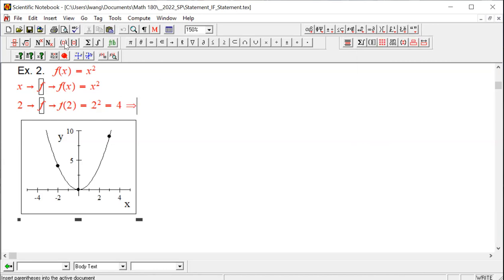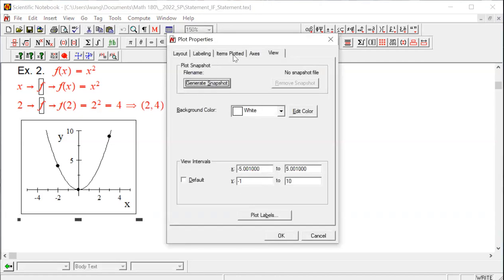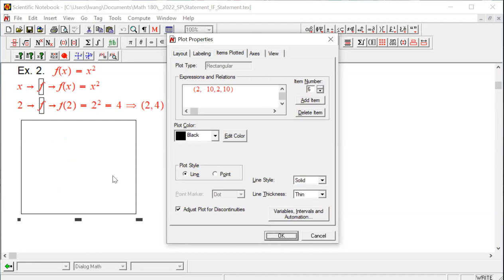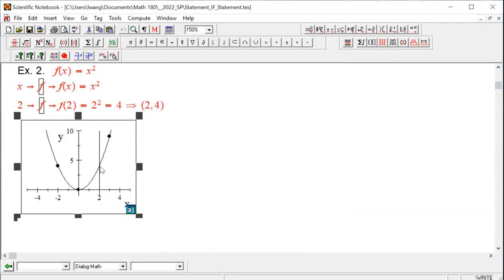And that will give us the point (2, 4). How do we get that point? We first draw the vertical line, because 2 as the input is given. And there's a crossing.